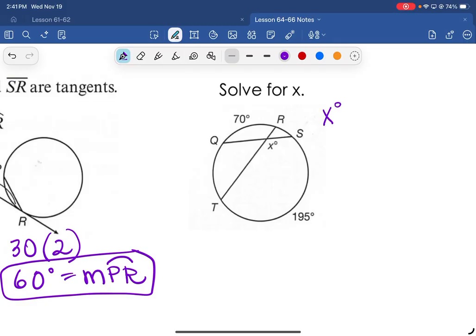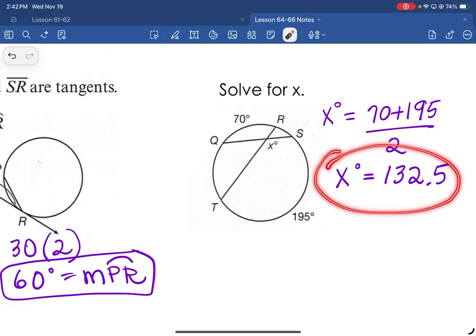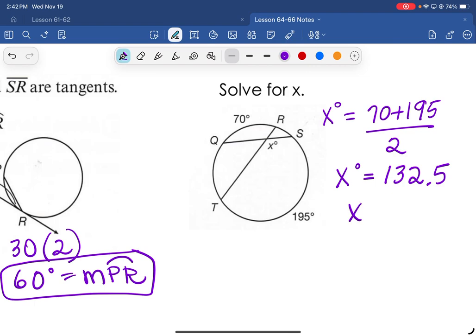So x equals the sum of the two arcs that were given, divide by 2. So punch that in your calculator and tell me what you get. 132.5. Now, you'll either write it like this for me in your homework, or you can write it like this. But I need to see a degrees symbol somewhere.